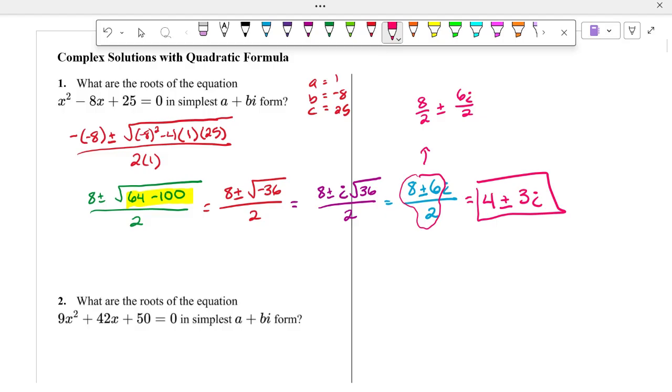Why do we have to add the i in there, like after 8 plus or minus the square root of 36 over 2? Because we had that negative under the radical, we had to take that i out to make it positive. Because remember the square root of -1 is i.